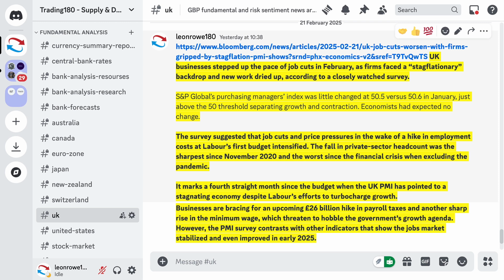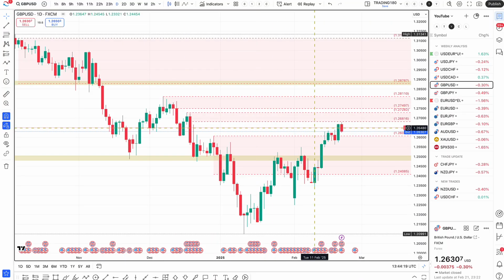So businesses are bracing for an upcoming £26 billion hike in payroll taxes and other sharp rises in the minimum wage, which threaten to hobble the government's growth agenda. However, the PMI survey contrasts with other indicators that show the jobs market stabilized and even improved in early 2025. So at the moment, I think the pound in the short term could be seen as either a buy or a sell.